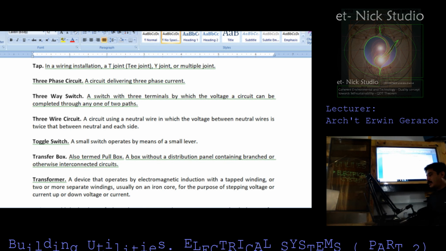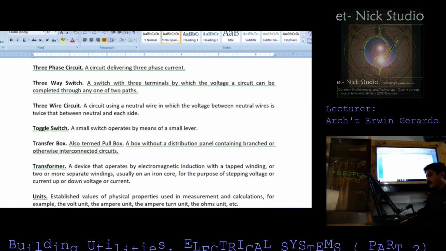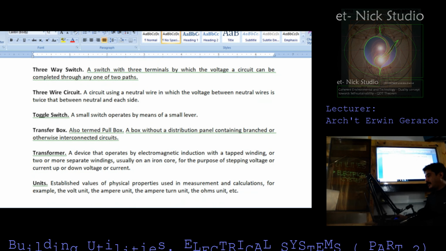Tap, in a wiring installation, a T-joint, Y-joint, or multiple joint. Three-phase circuit, a circuit delivering three-phase current. Three-way switch, a switch with three terminals by which the circuit can be completed through any one of the two paths.